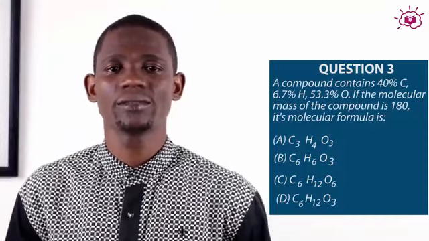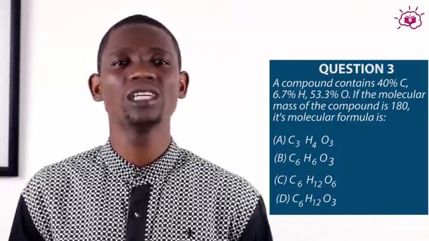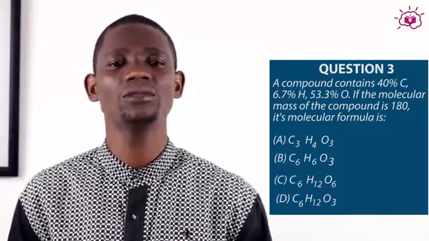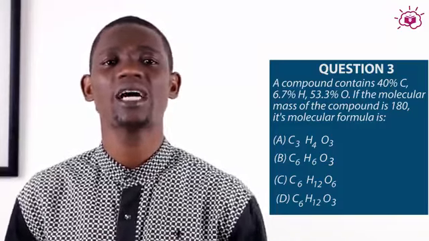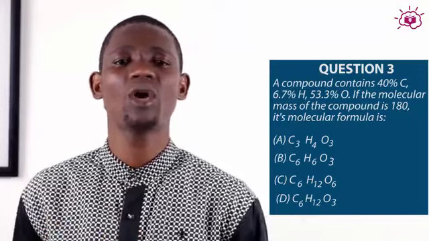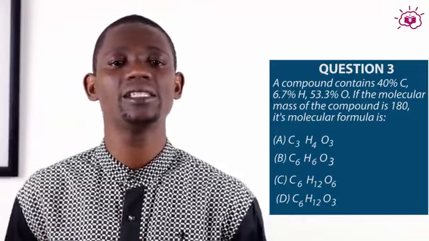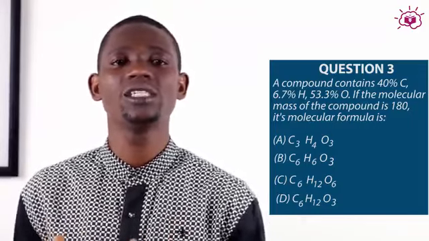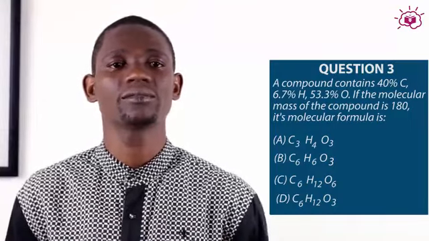Another example says a compound contains 40% carbon, 6.7% hydrogen, 53.3% oxygen. If the molecular mass of the compound is 180, what is its molecular formula?